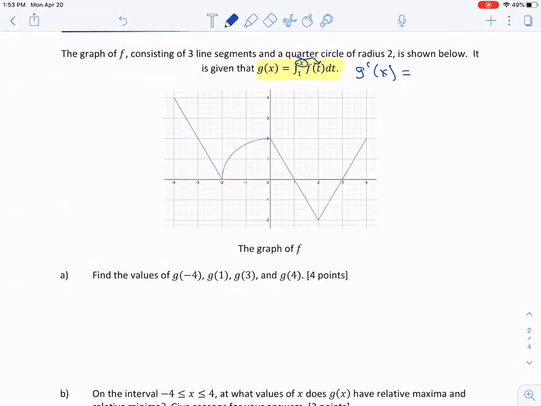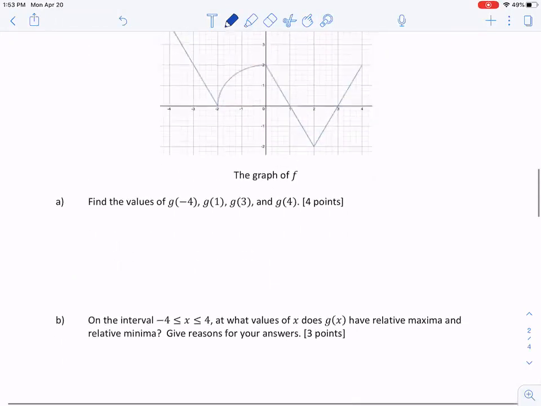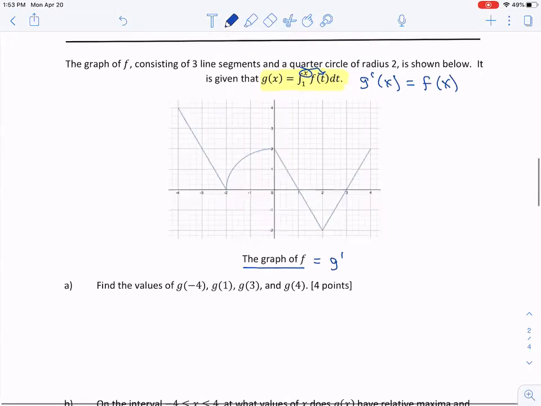And so g prime at x is equal to f of x. Okay. So on my graph here, this is the graph of f, and I'm just going to say f is equal to g prime. And so anywhere I'm dealing with f, I can interchange it with g prime and vice versa. So that's important just to establish that relationship.